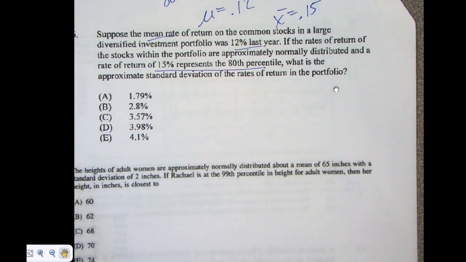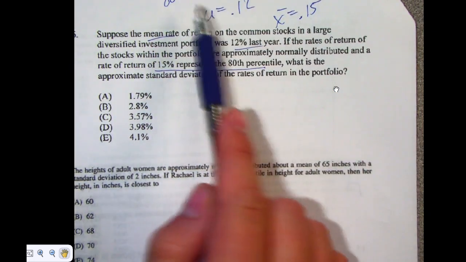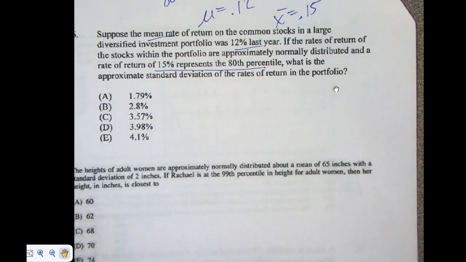And I'm looking for the standard deviation. So I'm looking at this and going, what do I know? What do I not know? What do I need to know? I need to know the standard deviation. I know these two, and I can find that. And then I can work with that.